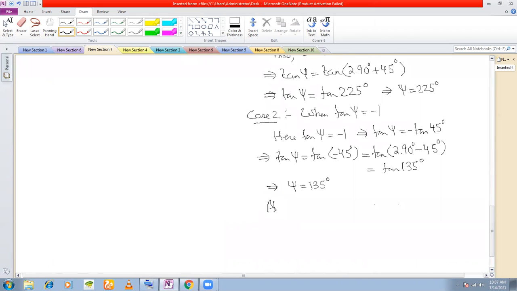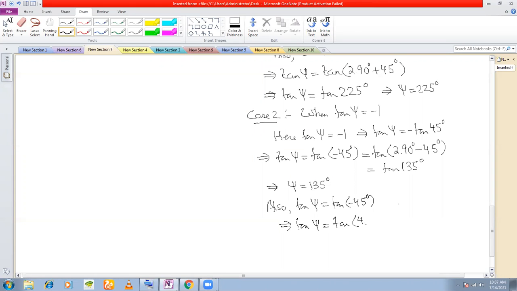Also, tan psi is equal to minus 1 means tan of minus 45 degree. Now we look for a solution in the fourth quadrant, right?